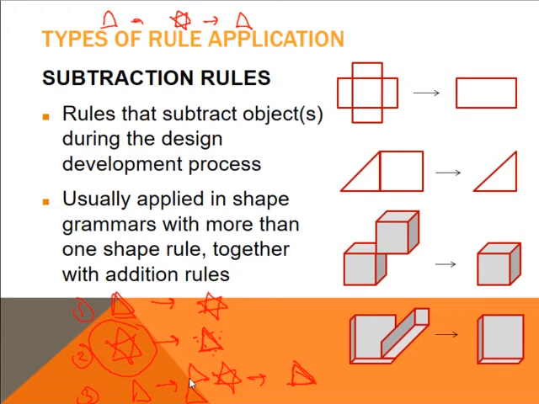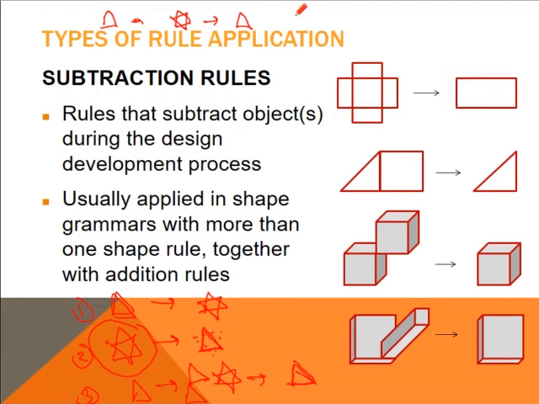So you need at least three different rules for this kind of shape grammar to make the design interesting and to make it work. If you only have these two rules, you're not going anywhere. You just keep adding and subtracting without creating any interesting design or shapes.